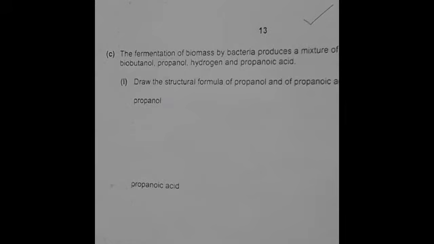Next question, part C. We have to draw the structure of propanol and propanoic acid, and we have to show all the bonds. So, let us see how to draw the structure of propanol.